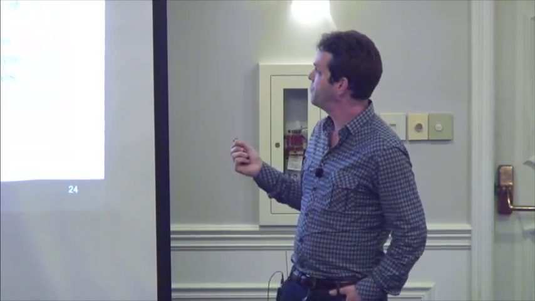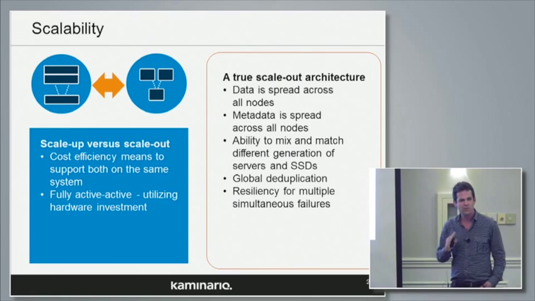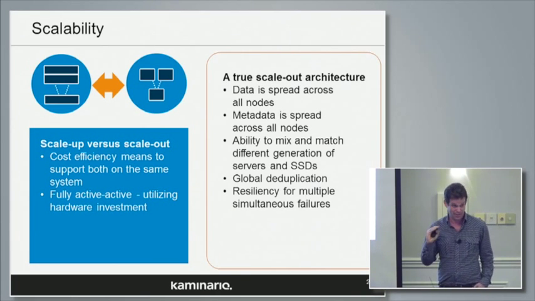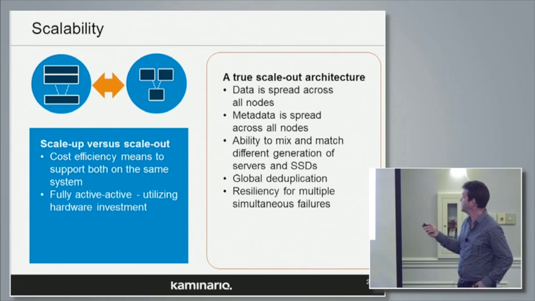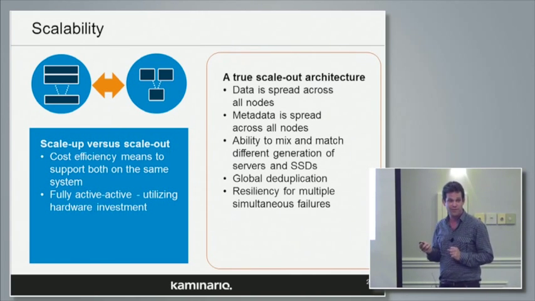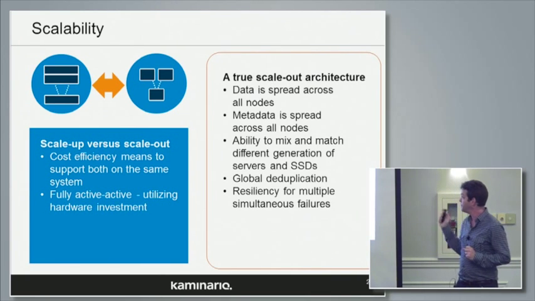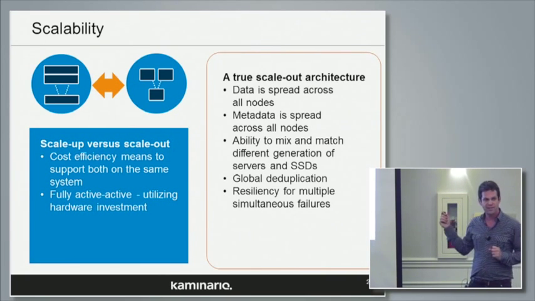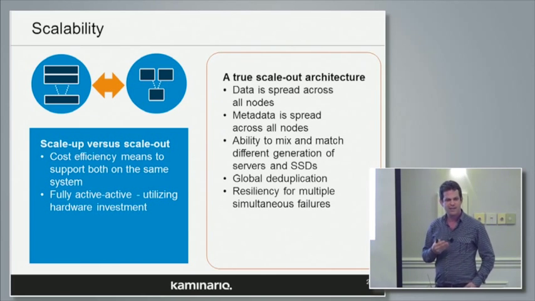Okay. A few more things. Scale out. Not all scale out architectures are equal. So we believe in a scale out architecture that spreads data and metadata of every volume across all resources. And we believe, as you already asked, in a system that can mix and match.